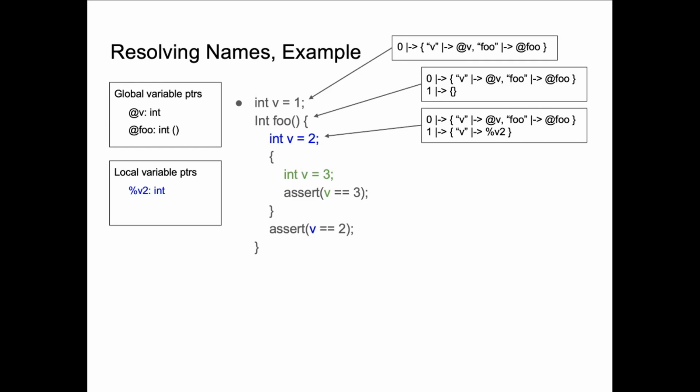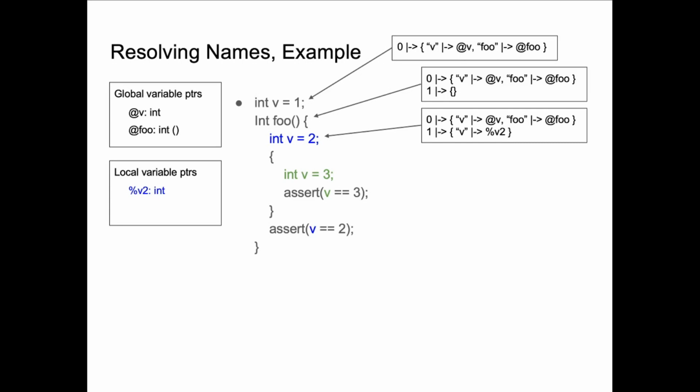And at the same time, you have to update your symbol table. So you have to update the top layer's mapping by adding the mapping from v to the just declared variable &v2. That means that as long as the top block has not yet exited, the variable v should resolve to &v2.